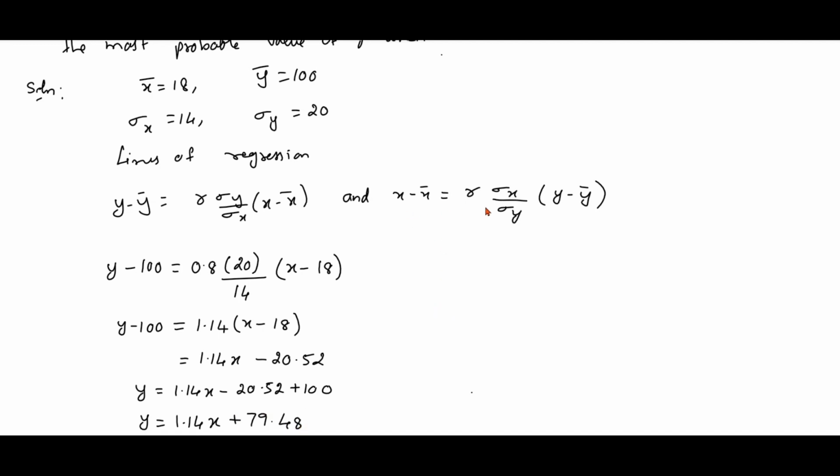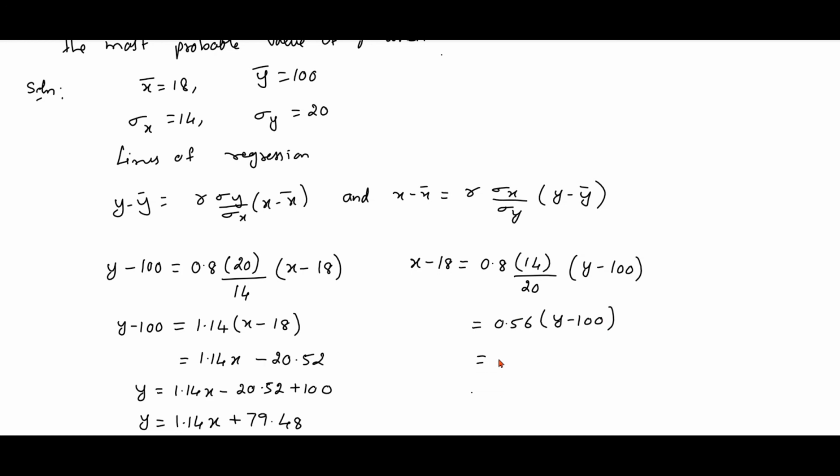Similarly, coming back to this equation, X minus X bar, which is 18, is equal to r value 0.8 into sigma X value 14 divided by sigma Y value 20, times Y minus Y bar, which is 100. Simplifying, 0.8 into 14 divided by 20 will be 0.56 times Y minus 100.